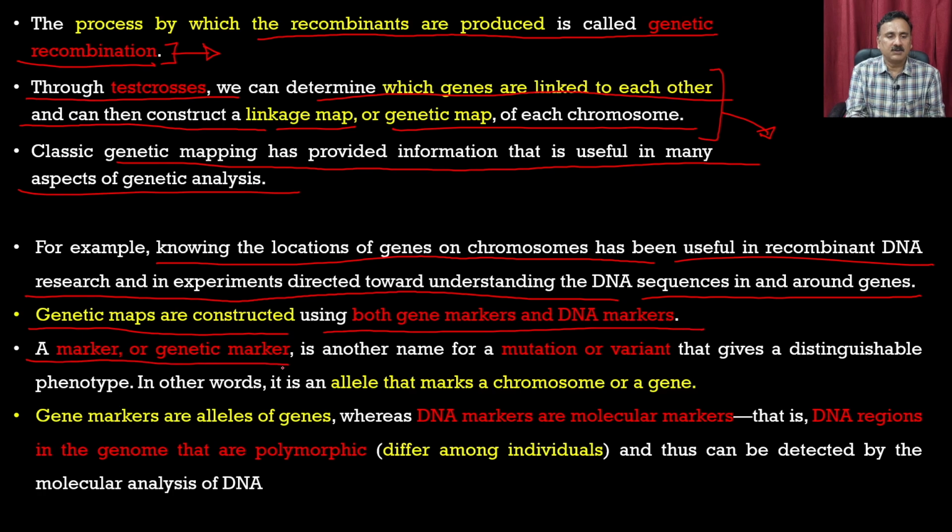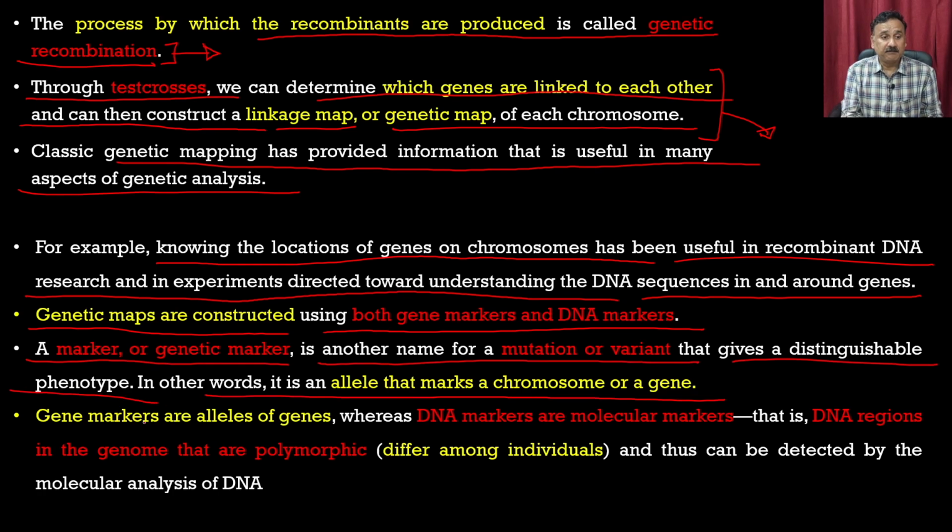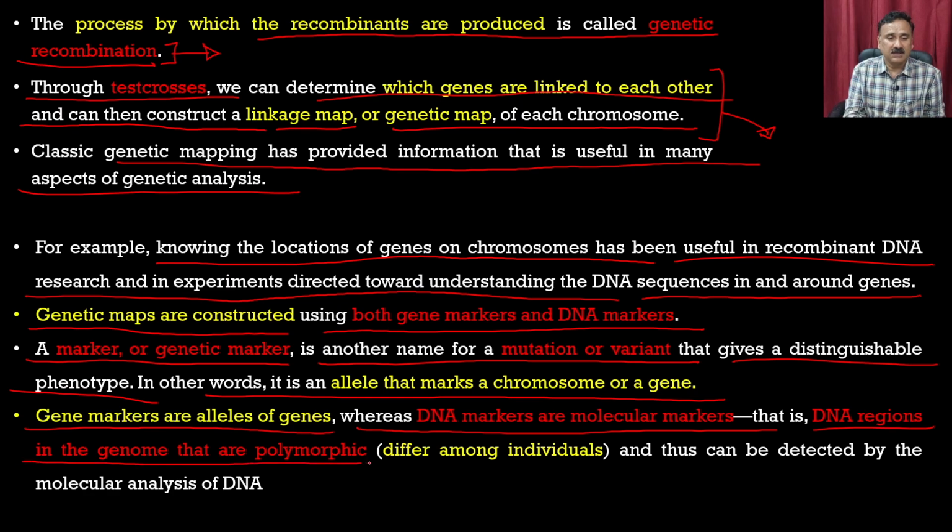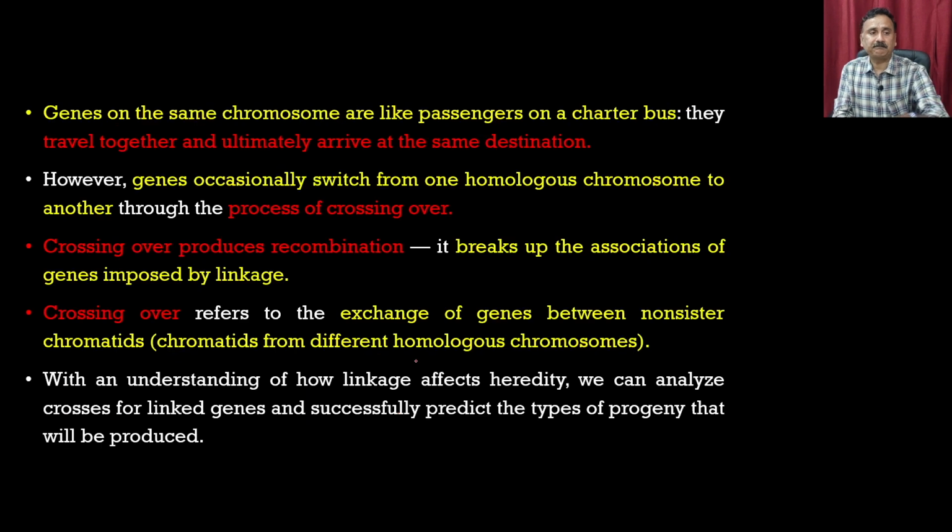A genetic marker is another name for a mutation or variation that gives a distinguishable phenotype. In other words, it is an allele that marks a chromosome or a gene. Gene markers are alleles of the gene, whereas DNA markers are molecular markers, that is, a DNA region that is polymorphic and can thus be detected by molecular analysis of DNA.